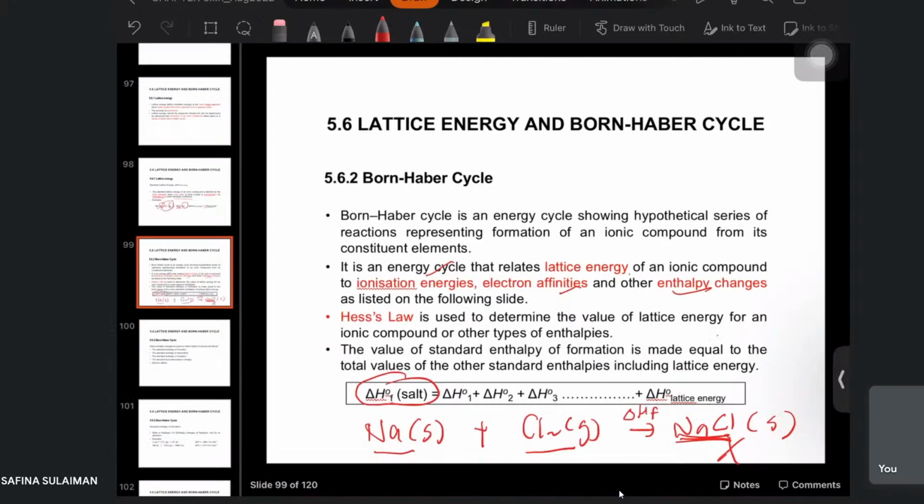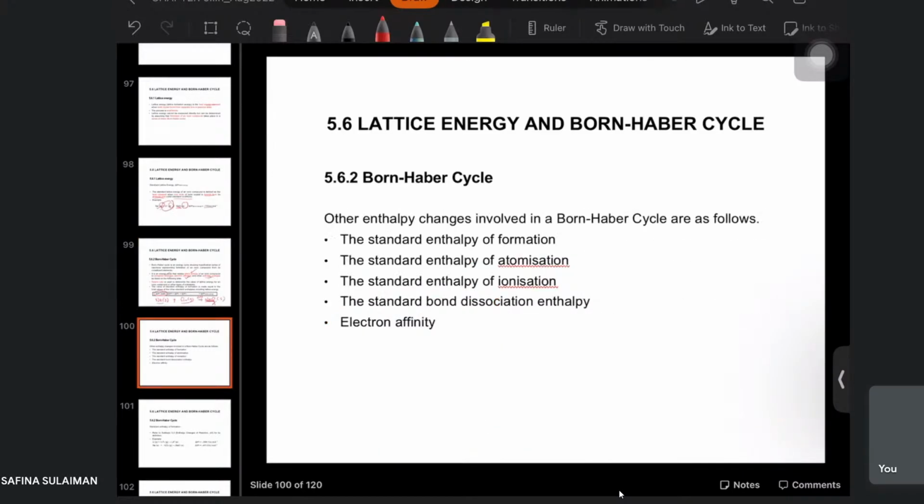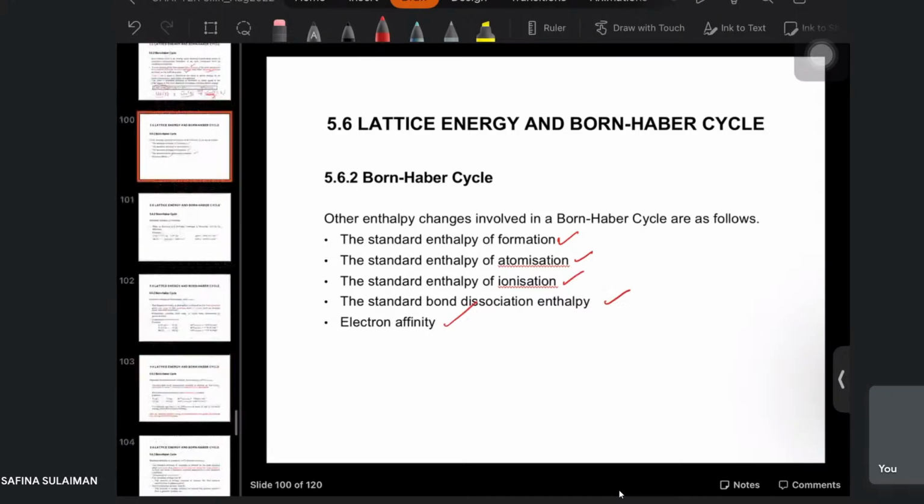Itu dia akan undergo several steps. Contohnya ionization energy, lattice energy, electron affinities, dan seterusnya lah. So the Born-Haber cycle involves other enthalpy changes: the standard enthalpy of formation, atomization, ionization, standard bond dissociation, and the electron affinity.